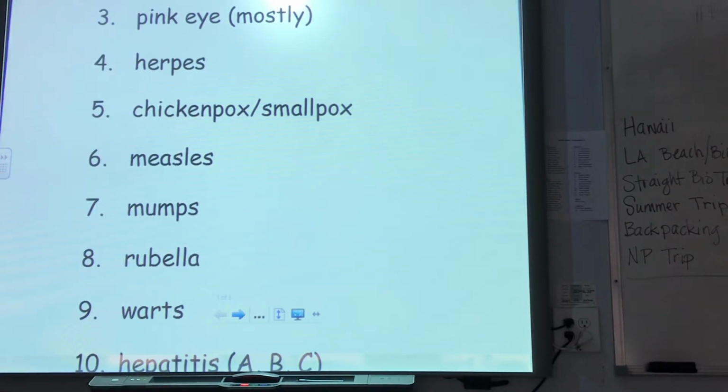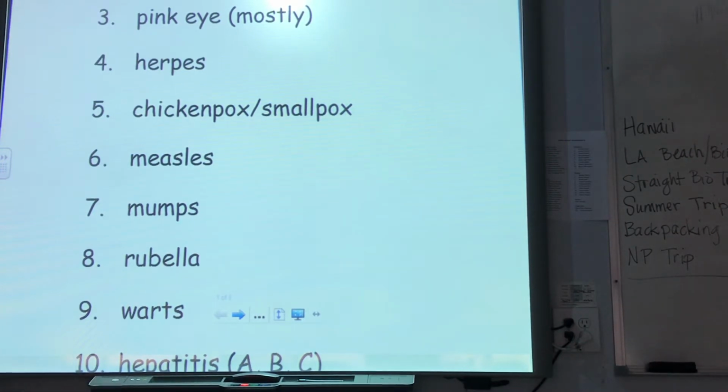And then that virus goes to work inside your conjunctiva, which is the tissue around your eyeball, and gets all infected and makes your eye red. You can have nasty goop coming out of your eye, and your eye's all matted and stuck together in the morning, so it's kind of gross.